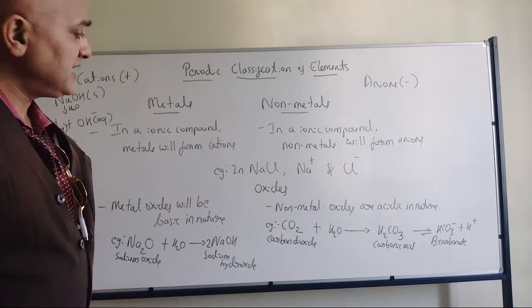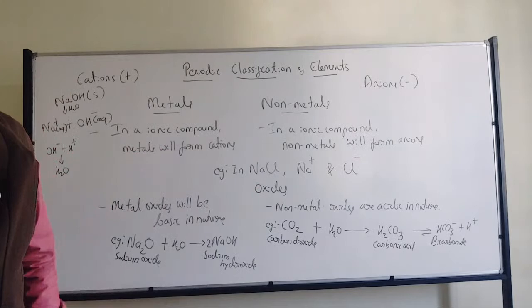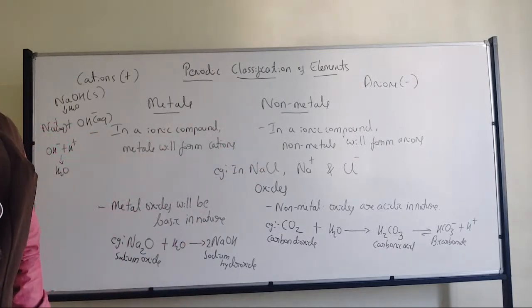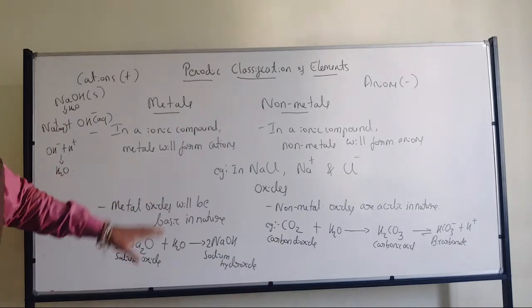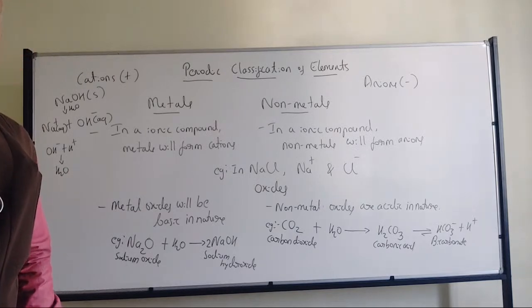Fine. So non-metal oxides are considered acidic because they produce acids. Why are metal oxides considered basic? Because they produce bases. All of you have understood?